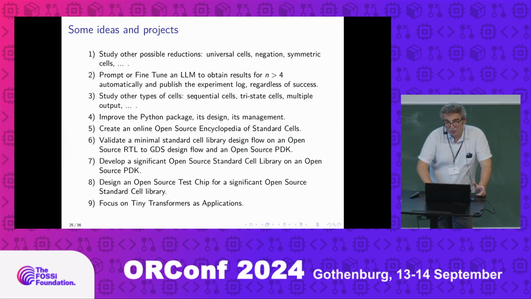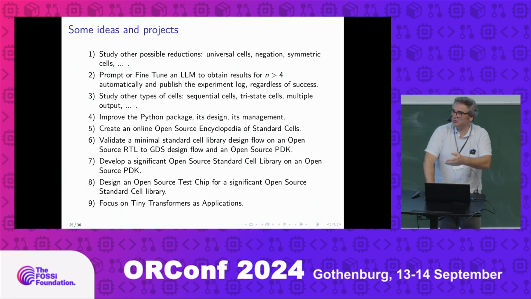Another thing I'd like to experiment is to prompt, or to fine-tune an LLM to see if we can go further. Now it's stuck. N equals 5 gives a wrong result, but maybe tomorrow morning we could.